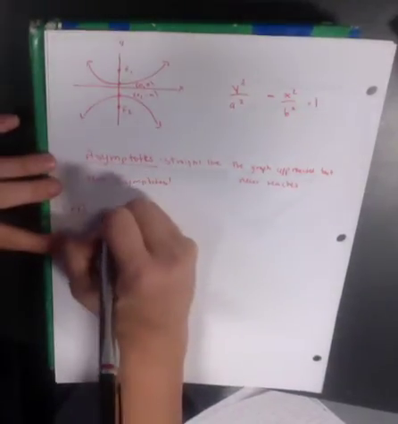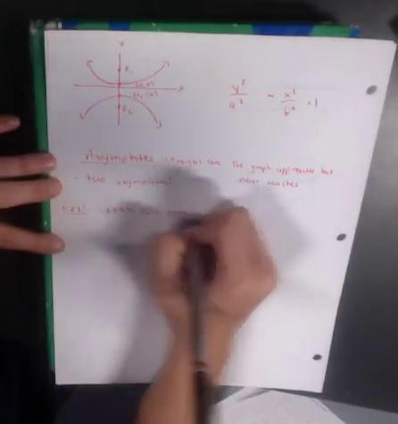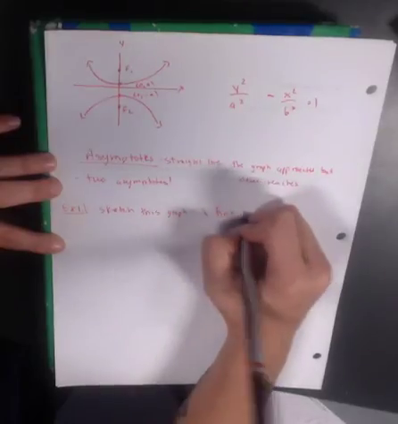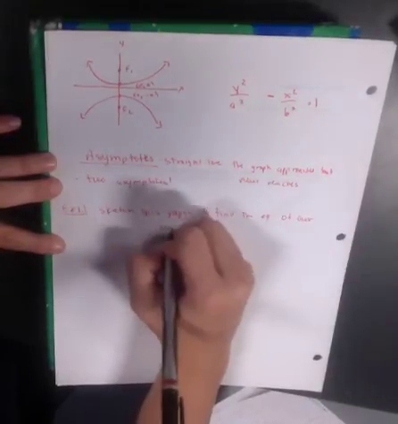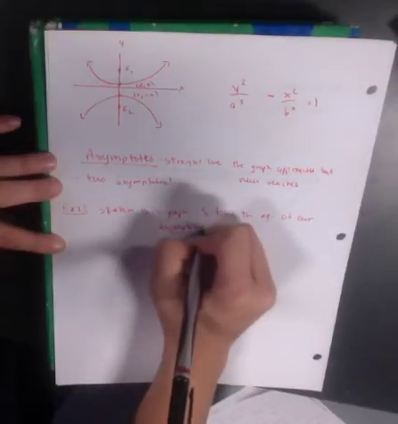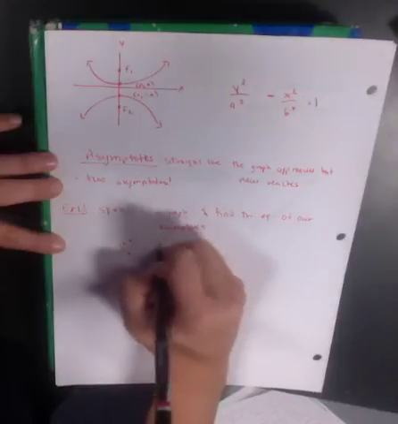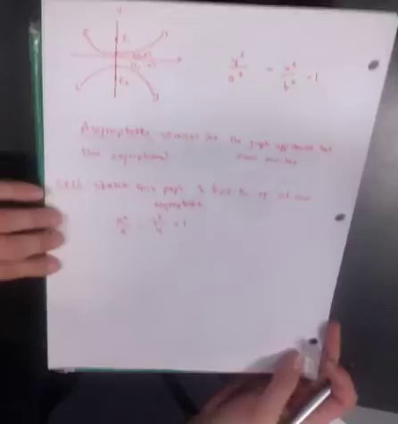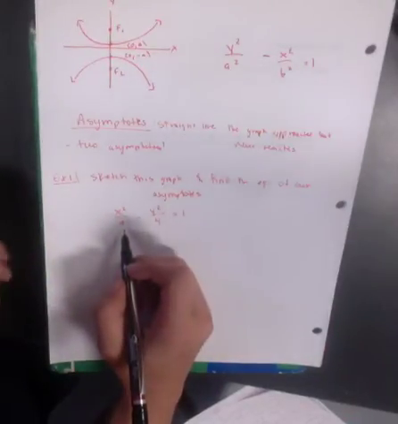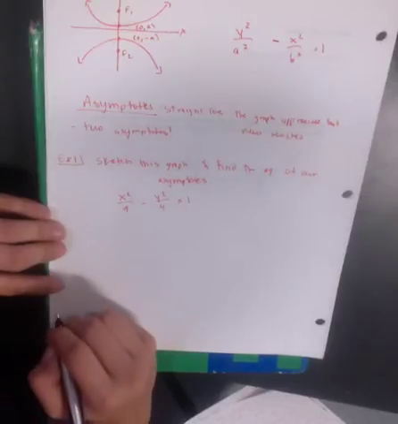Okay, we want to sketch this graph and find the equation of our asymptotes. So if we have x squared over 9 minus y squared over 4 equals 1. Okay, x squared is first, which means that our foci are on the x-axis.